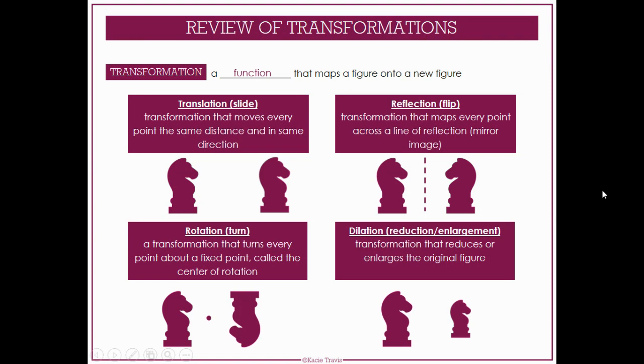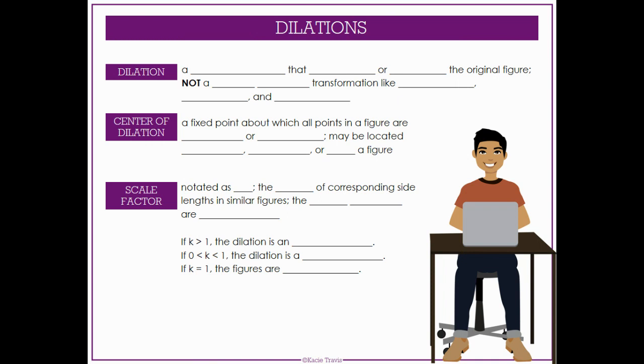We're going to be at the top of our main square, and let's get to it. Dilations. A dilation is a transformation that reduces or enlarges the original figure. This is not a rigid motion transformation like translations, reflections, and rotations.